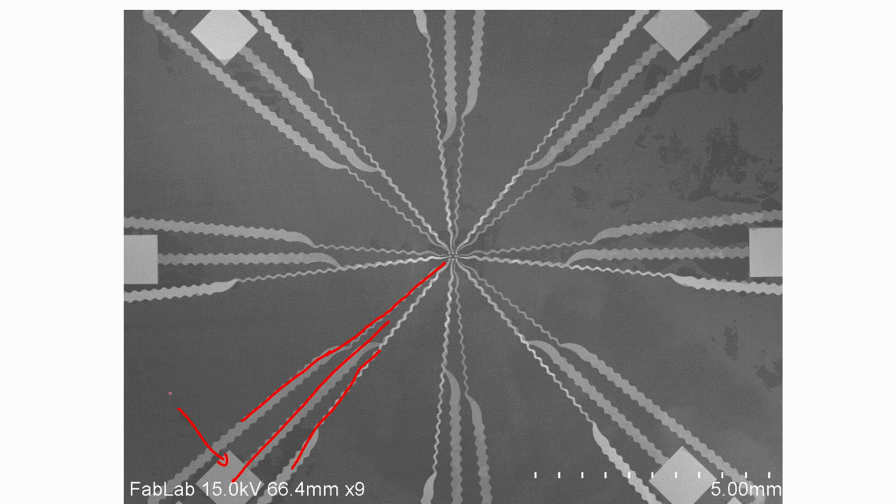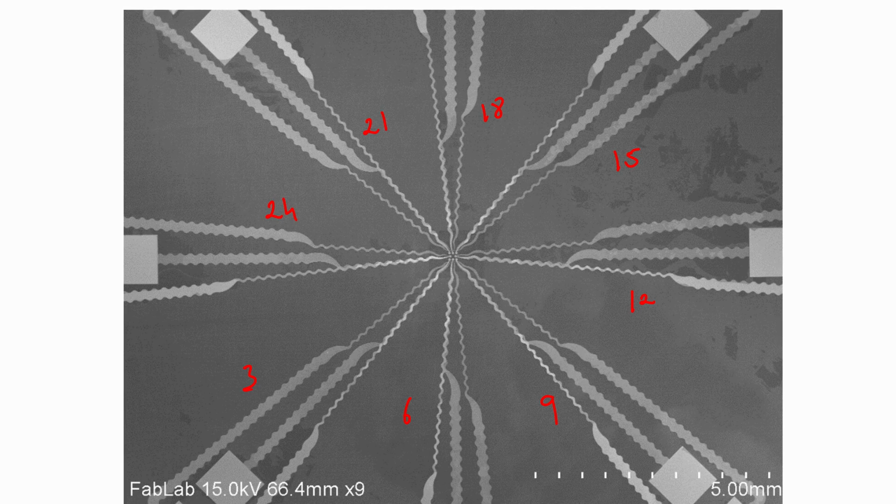This one is for the electrode contact pad, and this one and this one will be for the piezoresistive sensor. Because there are 8 sensors, we have about 24 pads. You can see 3, 6, 9, 12, 15, 18, 21, 24.